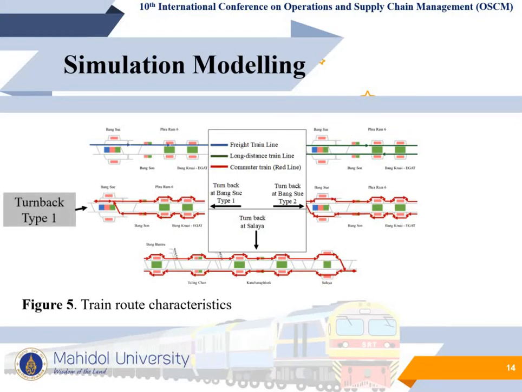Type 1 turns back at the switch before entering the station with one platform. Type 2 turns back at the turnout after Bang Sue station using two platforms for operations. At Salaya station, there is the same turn back as Bang Sue type 2.